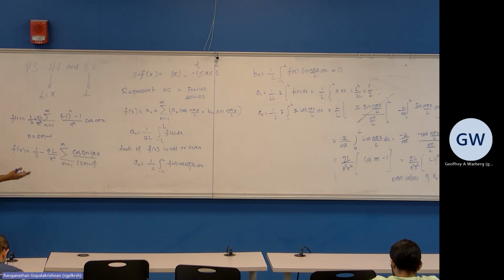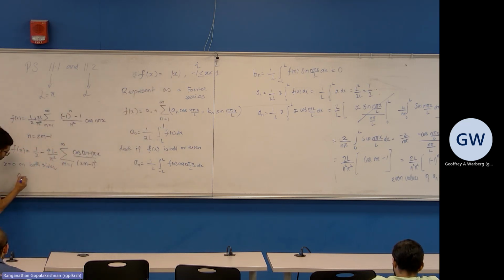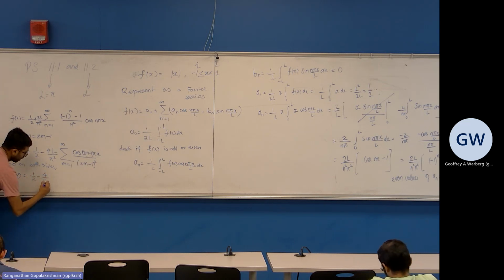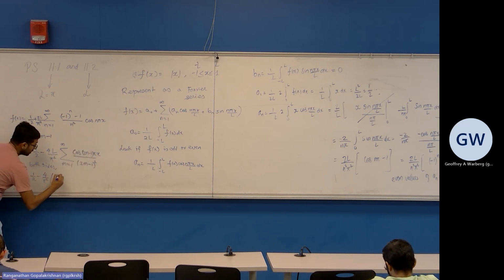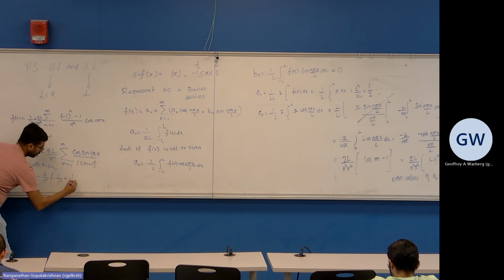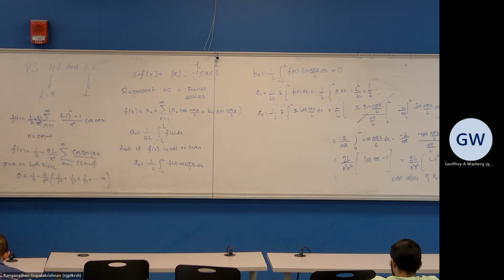So just to use this result, if I substitute x equal to 0 on both sides, f of 0, which is 0, equals 1 by 2 minus 4 by pi squared times, this cos 0 is 1, times 1 over 1 squared plus 1 over 3 squared plus 1 over 5 squared plus and so on up to infinity.